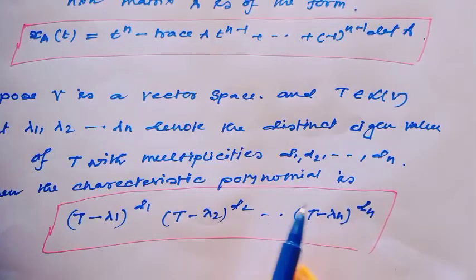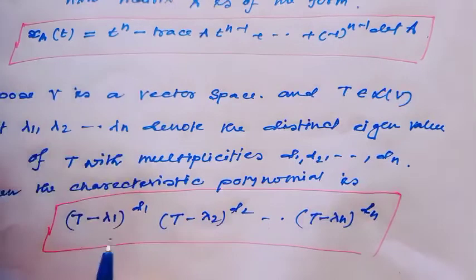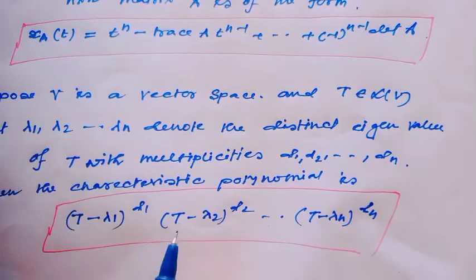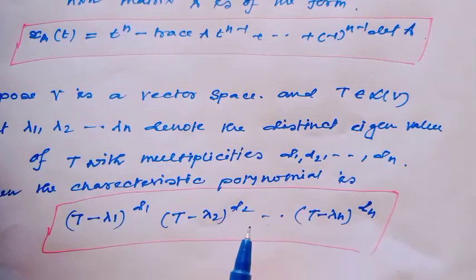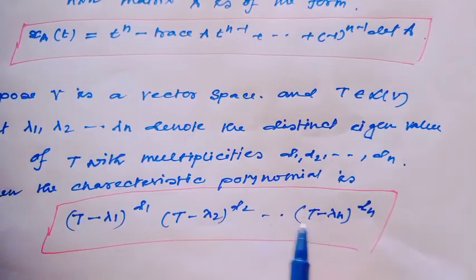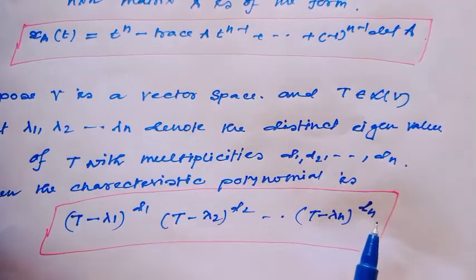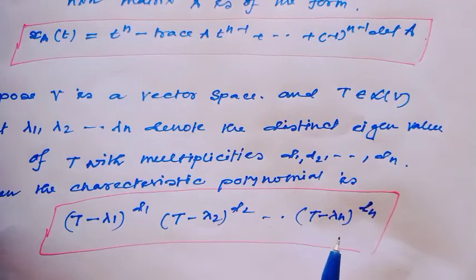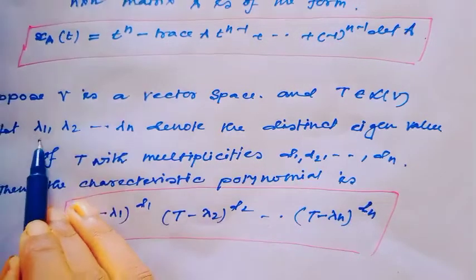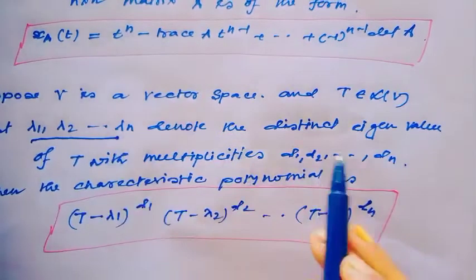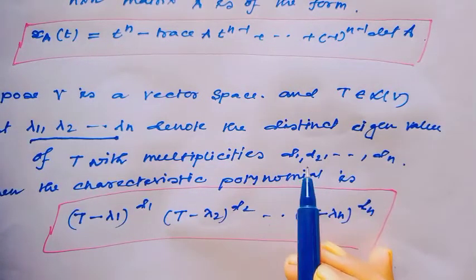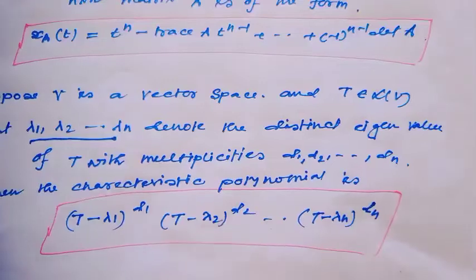Then the characteristic polynomial is (t minus lambda 1) to the power d1 times (t minus lambda 2) to the power d2 up to (t minus lambda n) to the power dn. This is the characteristic polynomial of the linear operator if lambda 1, lambda 2, up to lambda n denote the distinct eigenvalues with multiplicities d1, d2, up to dn. Okay?